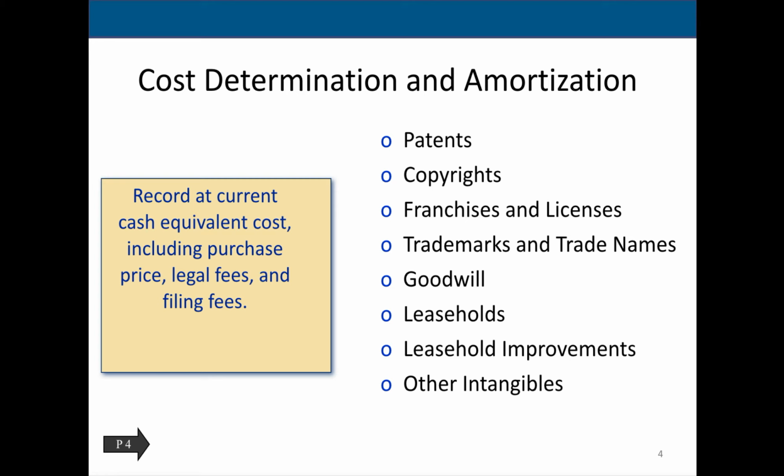But if you determine that you're going to treat them like land where they don't have a finite life, you still would record all fees and everything associated with the intangible asset in that initial journal entry: debit to the asset account name, credit to cash, right? And the only difference would be if it's something with a finite life, then you would then depreciate that over the lifespan of the item, so that you would eventually recognize all of that as an expense.